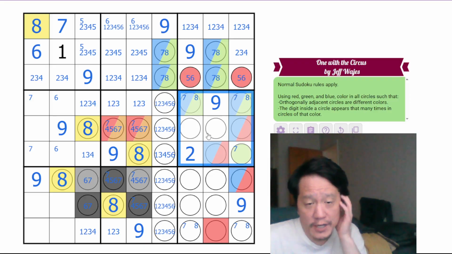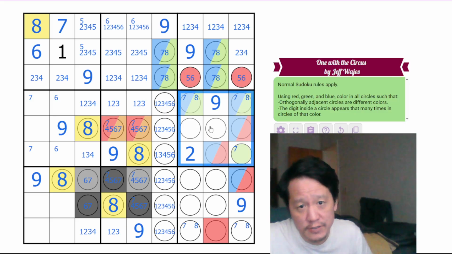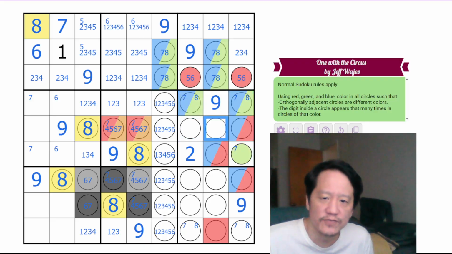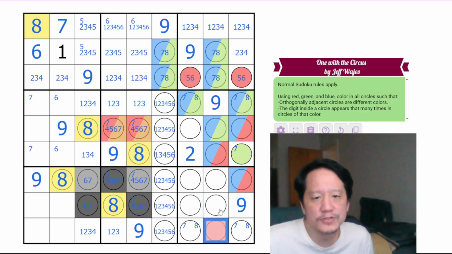That means red has to appear at least twice in box 6. If this were red, that means none of these could be red. So red would appear once in box 6 if this is red, so that can't be red. It's blue or green. This is red, so this must be yellow or orange.